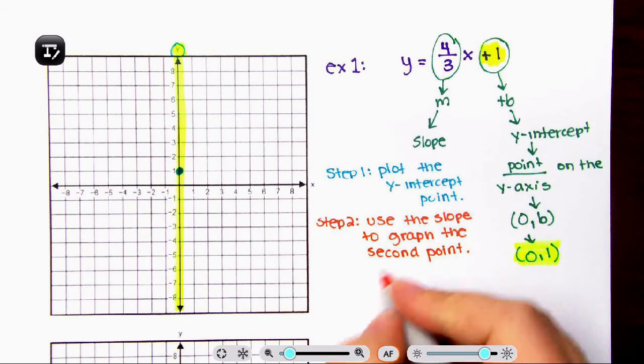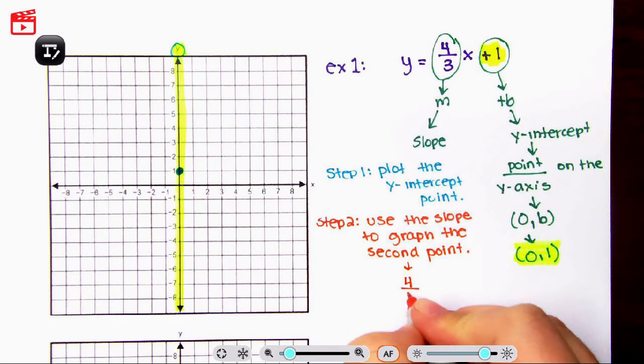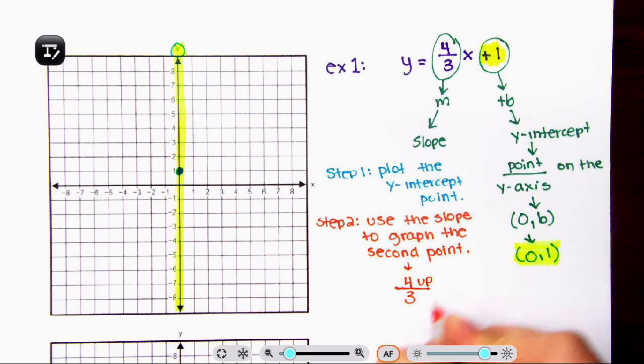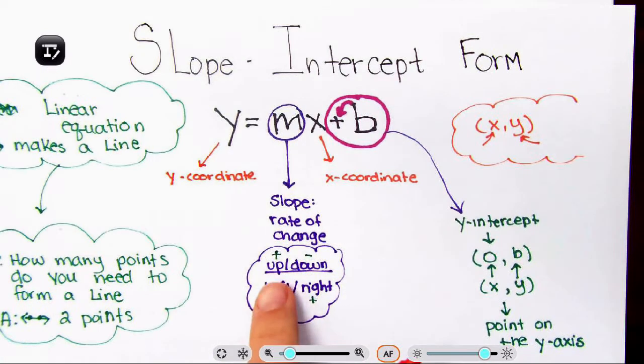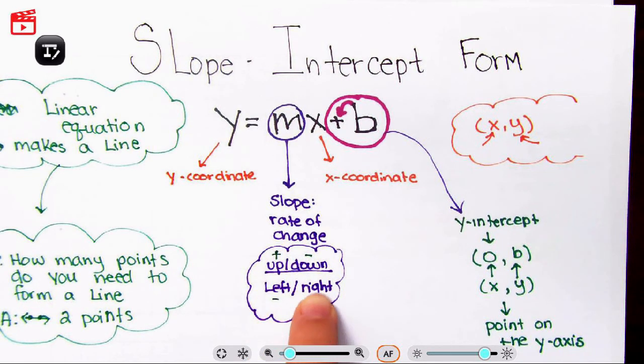You have 4/3, so I have 4/3. That means 4 is positive, 3 is positive, so I go up 4, right 3. Okay, so if we go back to our notes, up, down, left, right. So the top number is positive, that means I go up. The bottom is also positive, that means I go to the right.